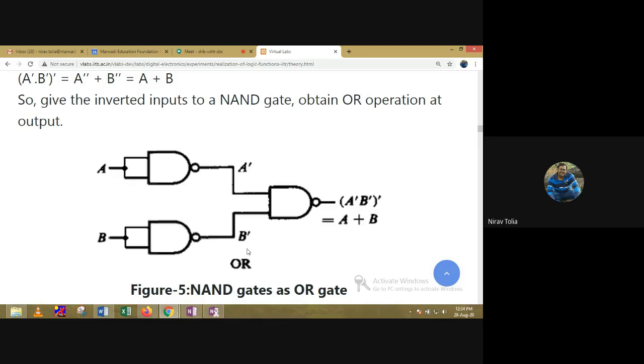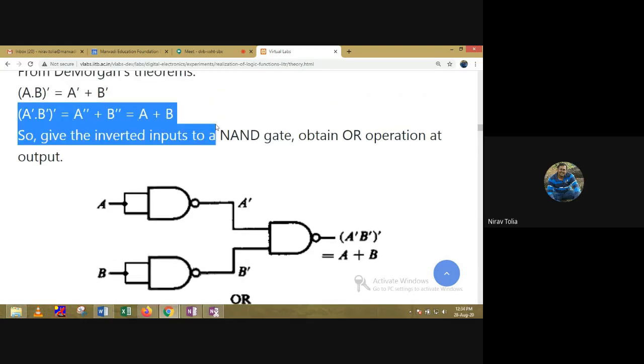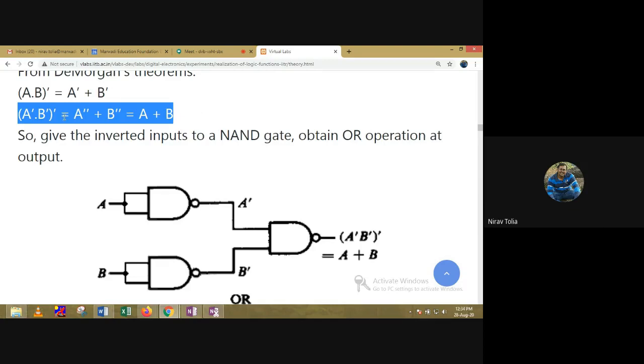So the final equation is (A bar into B bar) whole bar. Now we have to use De Morgan's theorem. Simplifying, we get A double bar plus B double bar.